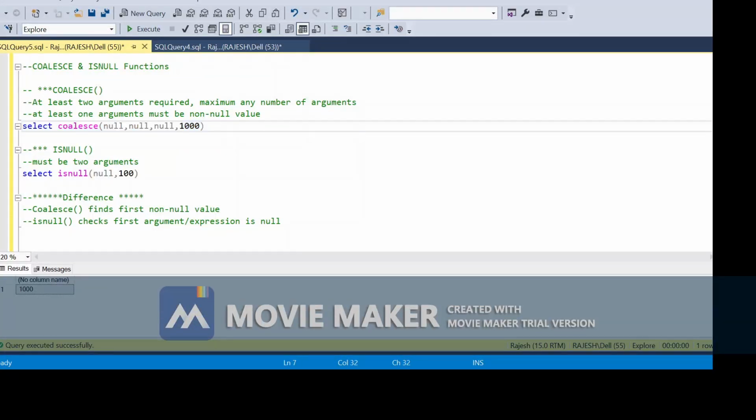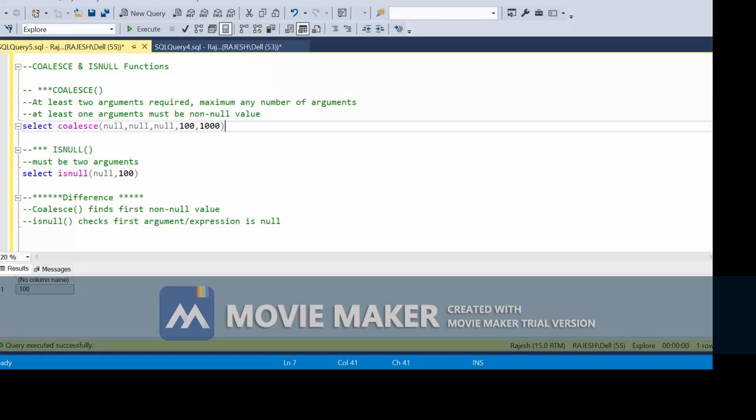Suppose I place here 100 and try to run it. 100 means we have 3 null values and 2 non-null values, but it returns the first non-null value, which is 100. It will check from the left side: first, second, third, fourth.